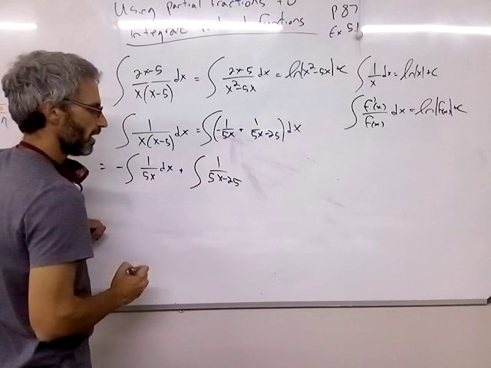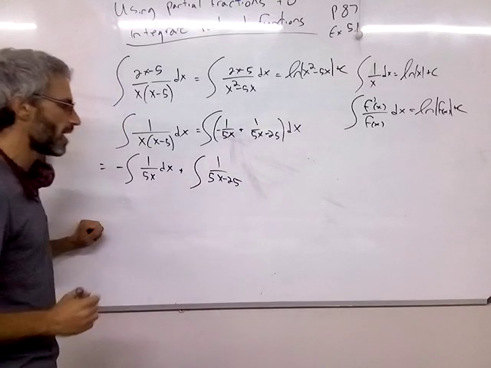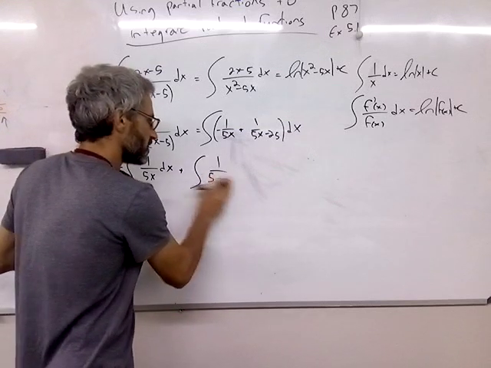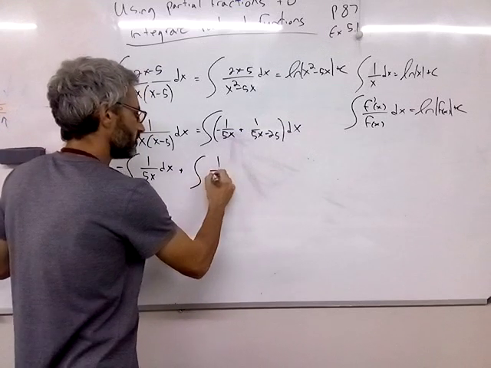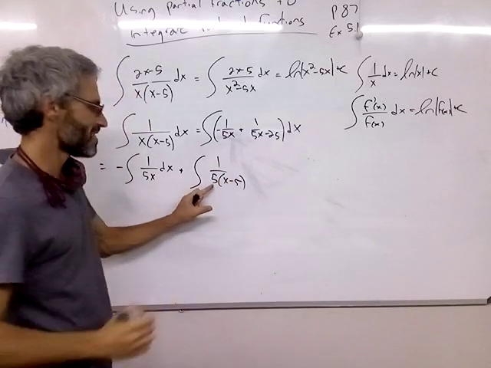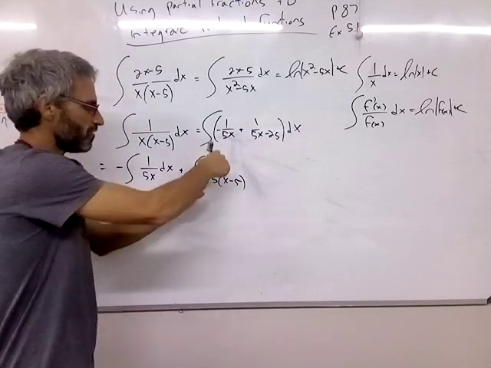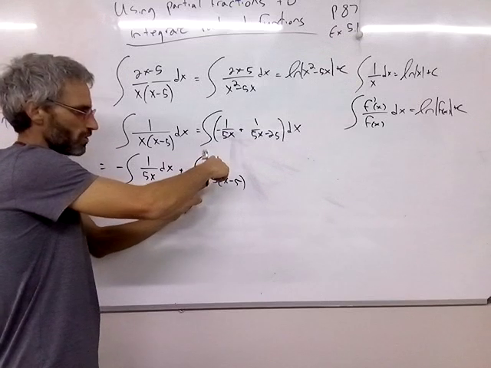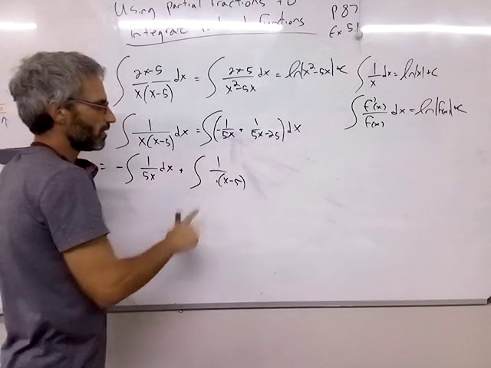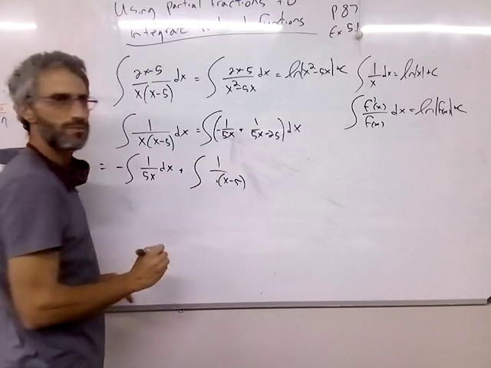Okay? Actually, 5x minus 25, I could have kept it as 5 times x minus 5. What is 1 over 5 times x minus 5? It's basically 1 over x minus 5 times a fifth.